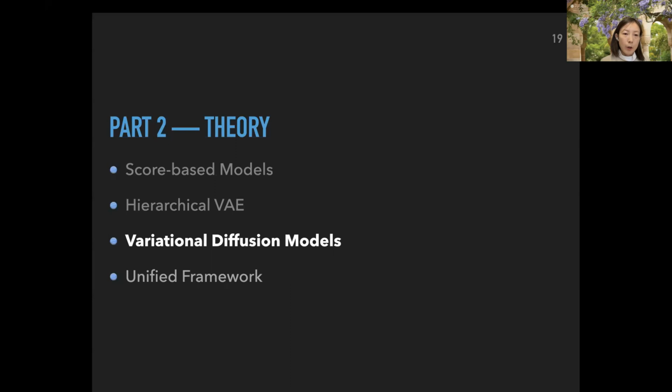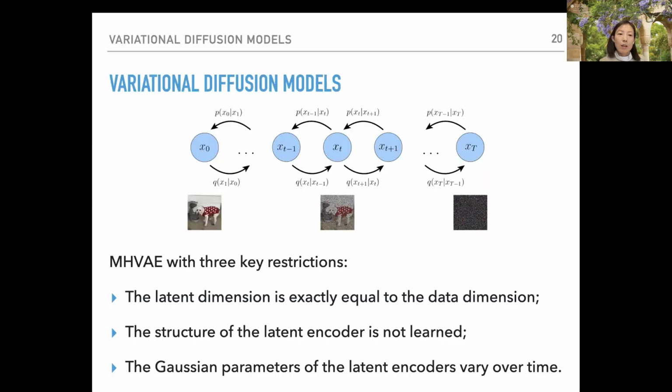So the variational diffusion model, we can see it as starting from the Markovian hierarchical VAE. It has three additional restrictions. The first one is that the latent dimension is exactly equal to the data dimension. The second restriction is that the structure of the latent encoder is not learned. It is predefined as a linear Gaussian model.